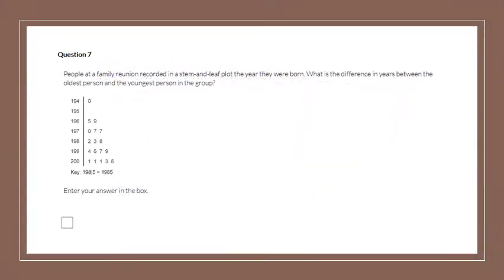Okay, people at a family reunion recorded in a stem and leaf plot the year they were born. What is the difference in years between the oldest and the youngest? So we're going to look at the first one and the last one, which would be 2005.